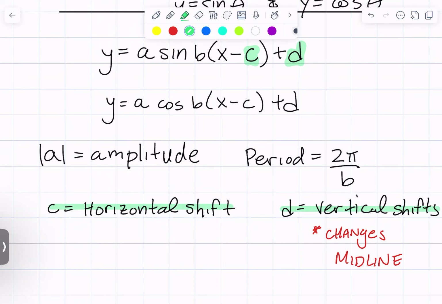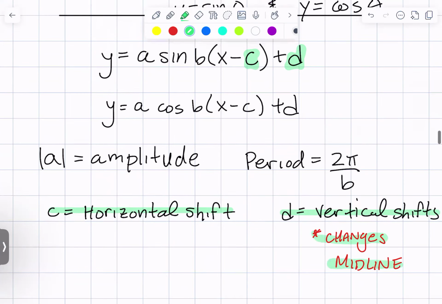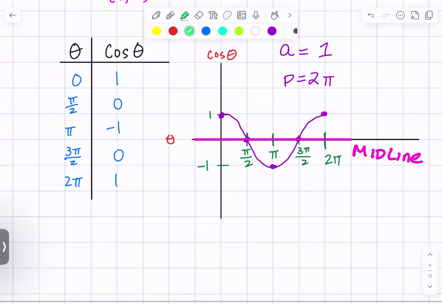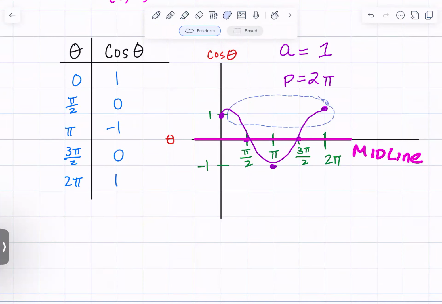And the vertical shift actually changes the midline, right? Going back up to my cosine graph, if I move this, and I don't know if it's going to happen, but I'm going to try and move this up, it changes the midline, right? The middle of the graph.